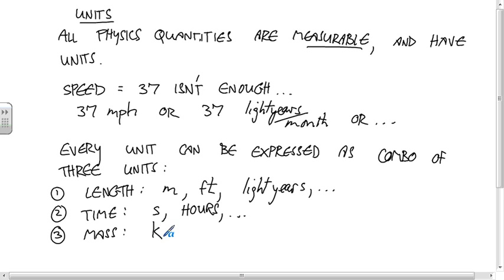That is kilograms. This is sort of funny, but on a bathroom scale, you usually have a kilogram setting and a pound setting, but kilograms and pounds actually aren't the same thing. Pounds are a measure of force, kilograms are a measure of mass.